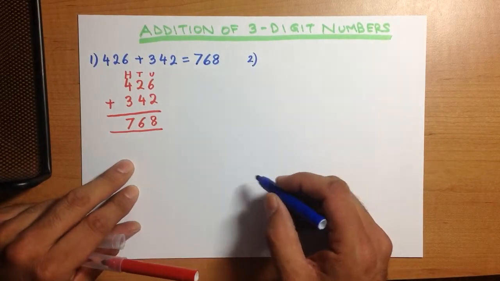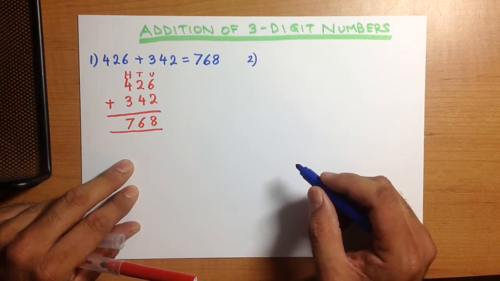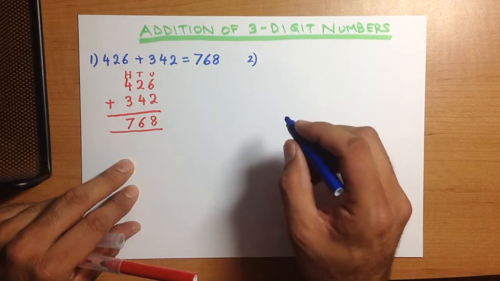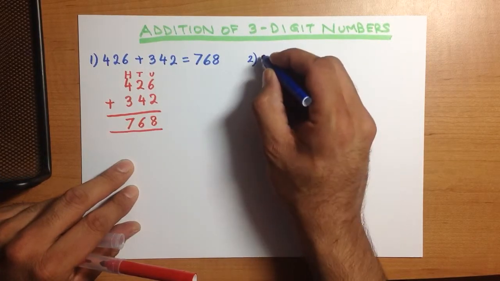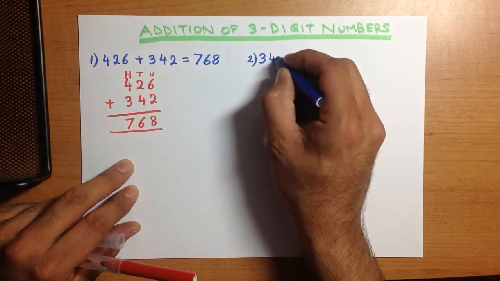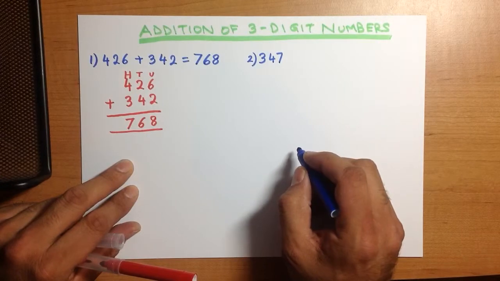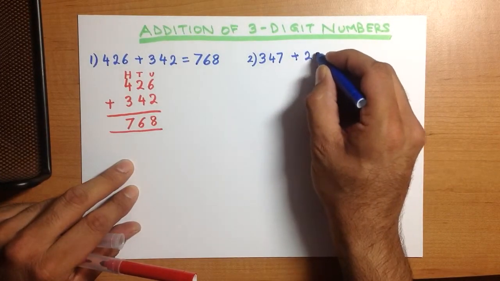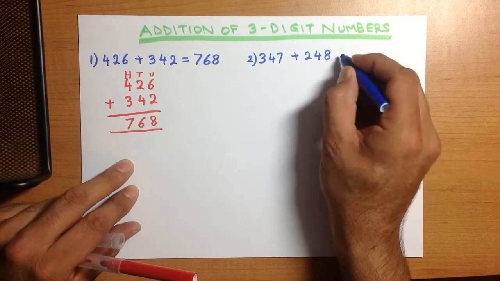Now what if one of the columns adds to 10 or more? Let's work through another example. What is 347 plus 248?